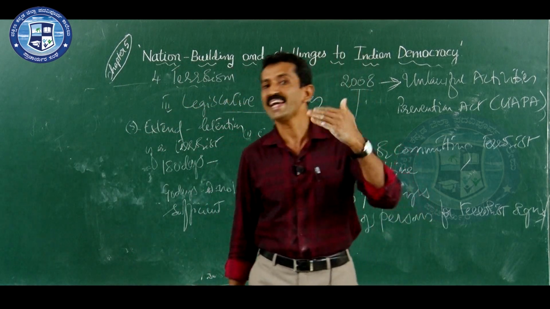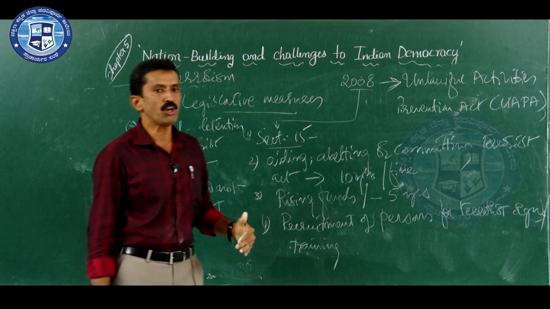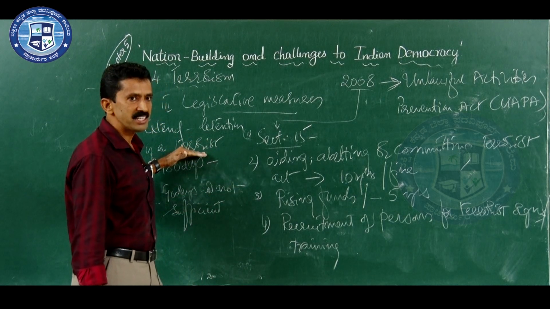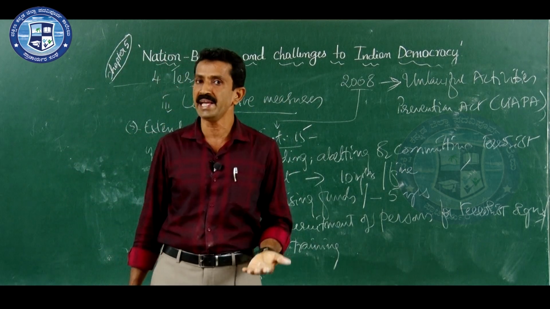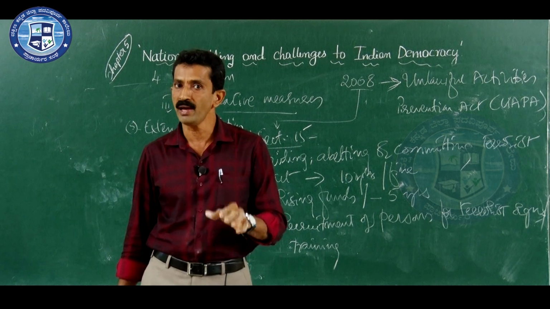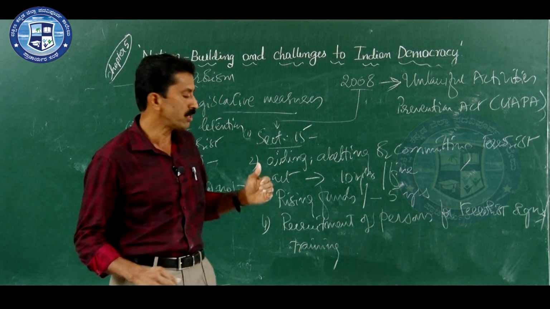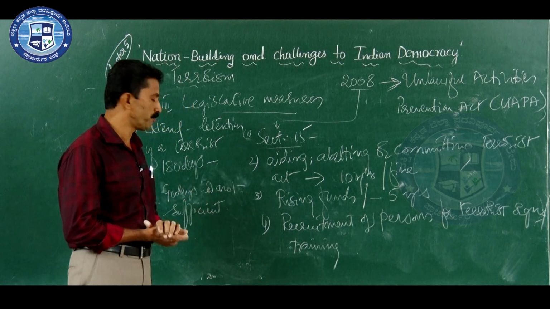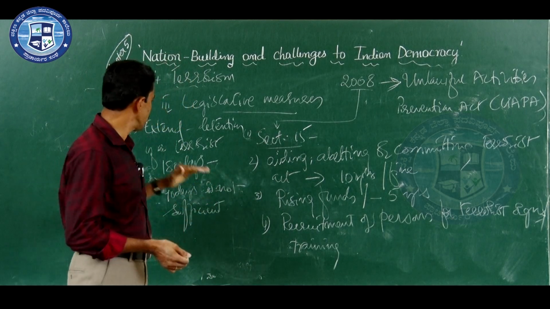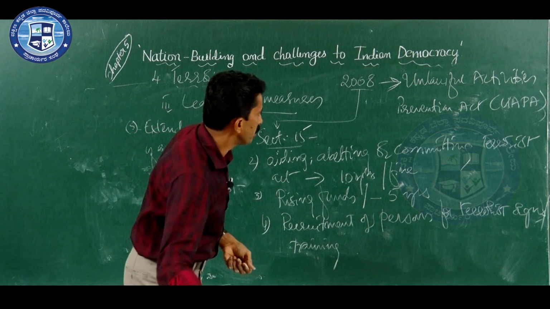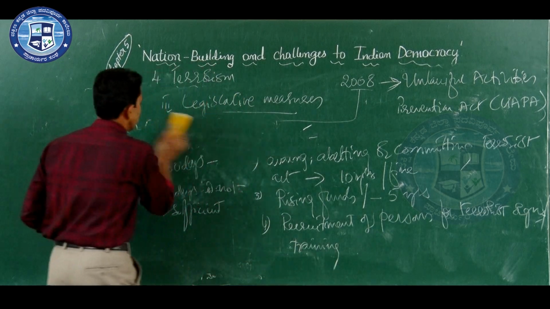So the court may extend the detention of a suspected terrorist for 180 days only when 90 days is not sufficient for the inquiry. So this is the fifth one under the UAPA Act.